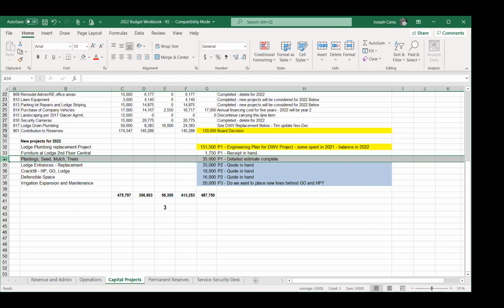Rick had a good point. Was it yesterday when we were talking about the different areas? What I'm thinking is we've already taken out the beds up in High Point.